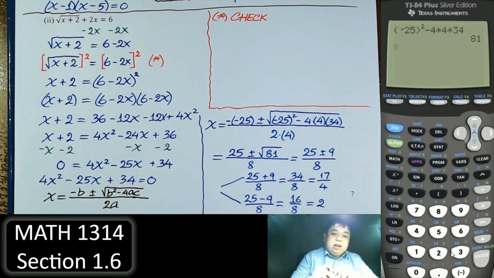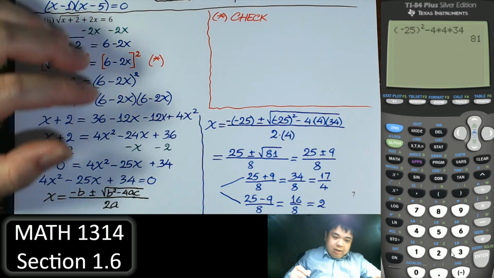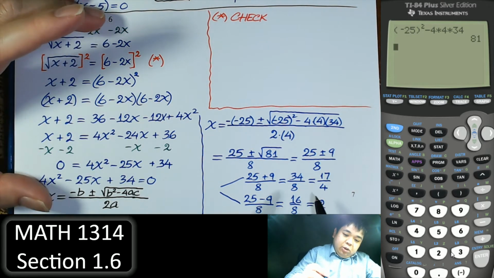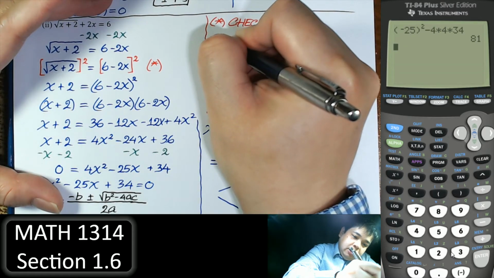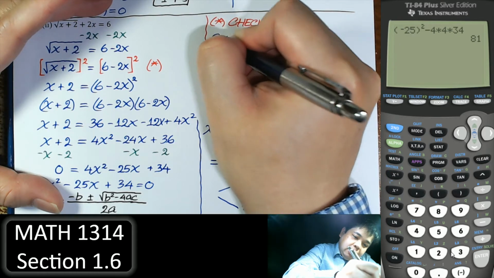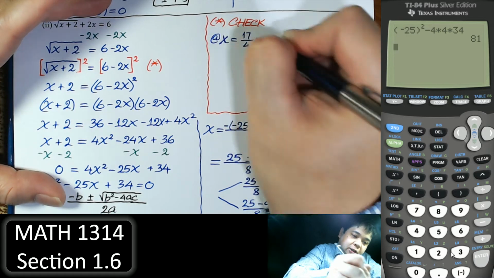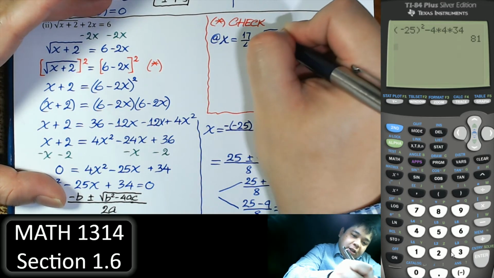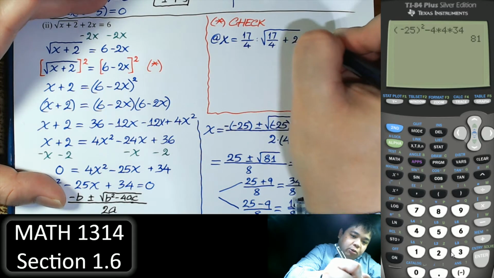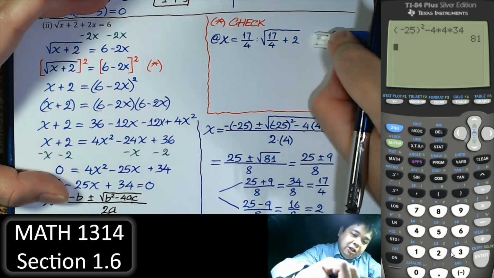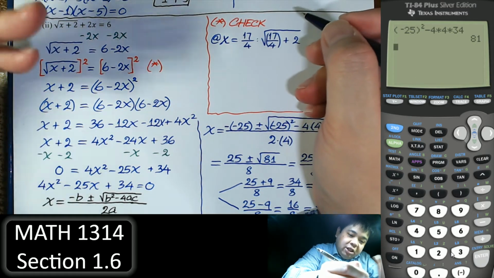Now we're going to check to see which one is correct. Right? So I have x equals 17 over 4. So I have the square root of 17 over 4 plus 2, just substitute 17 over 4 into x.